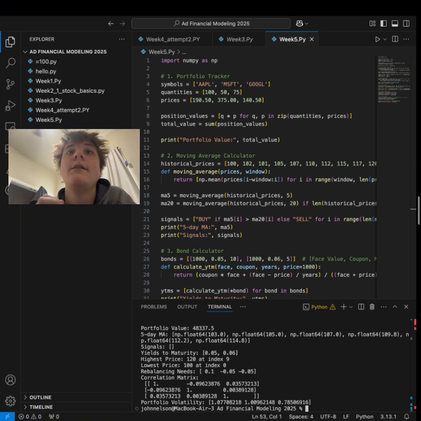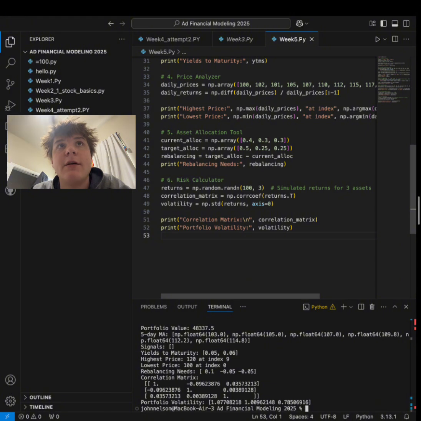And then again, another formula, YTMs equals calculate YTM times bond for bond in bonds. So then we print yields to maturity to show these bonds. And by the way, that's what YTMs means in those equations, years to maturity. So now with our new screenshot, as we can see, we just went over line 30. And then we print yields to maturity in the terminal.